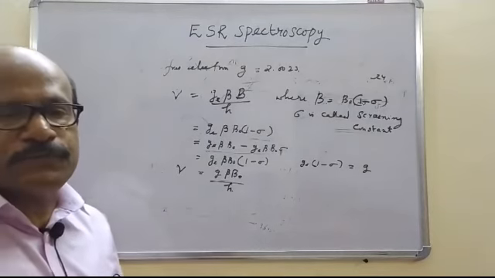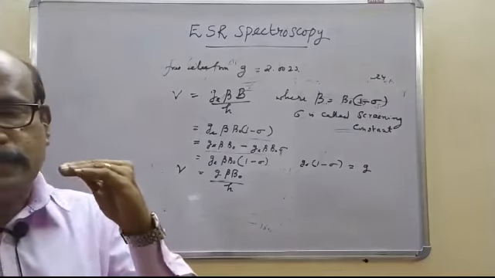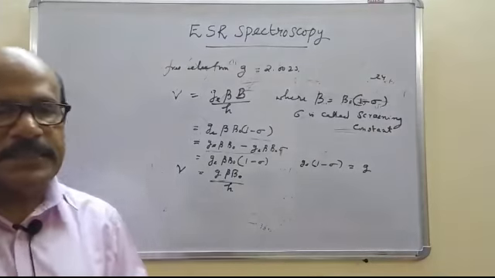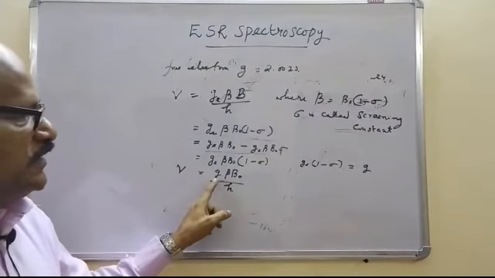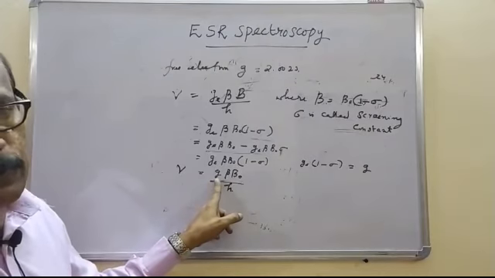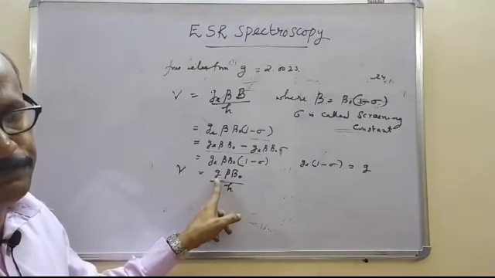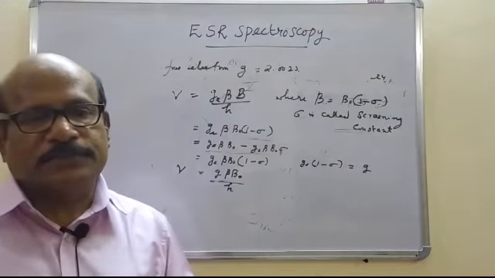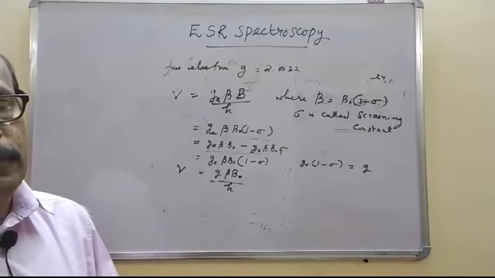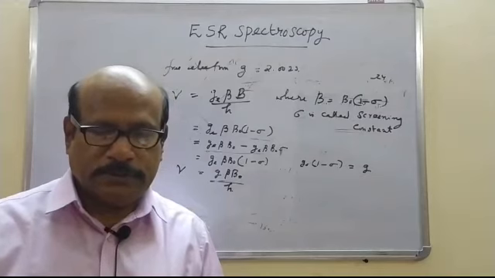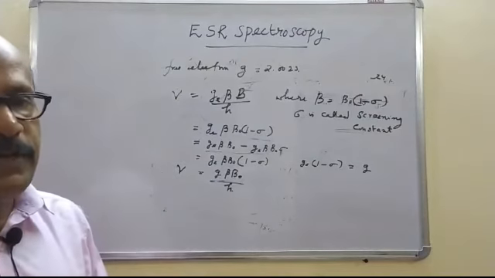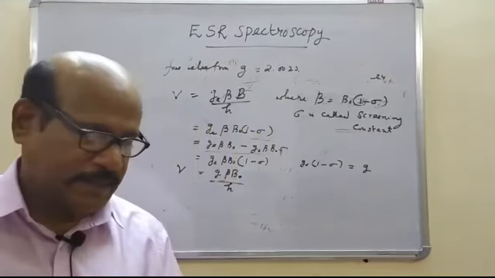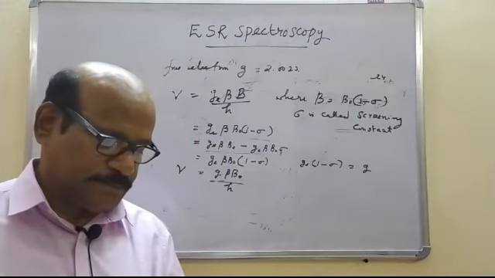So the position of the absorption frequency is more conveniently represented in terms of the g value of the electron present in the molecular system. For a free electron, the g value is 2.0023, which represents the absorption position of a free electron. For all other electrons in a real molecular species, the g value is different from 2.0023, depending on the screening constant.